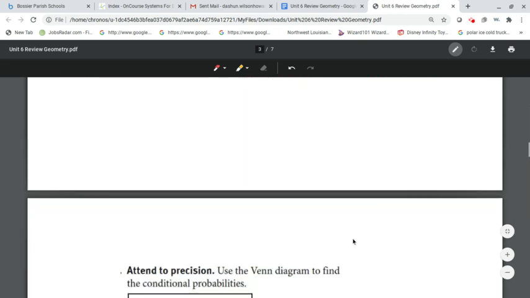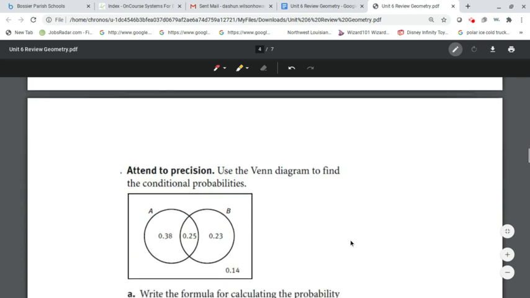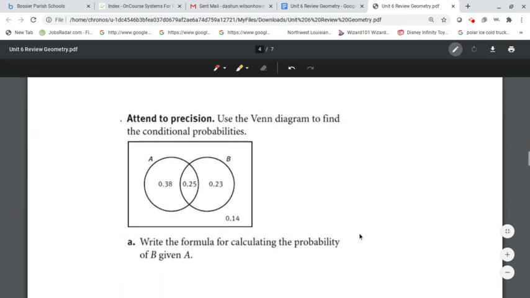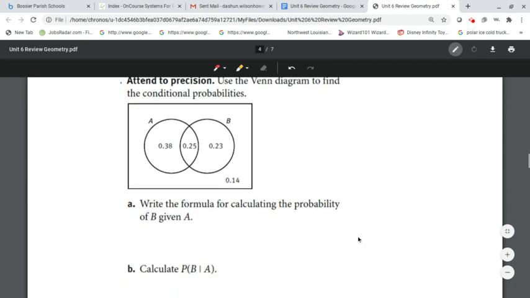All right, number 9. Use the Venn diagram to find the probabilities, and then we're going to calculate B given A. So the formula to calculate B given A equals the intersection divided by the probability of what is given.